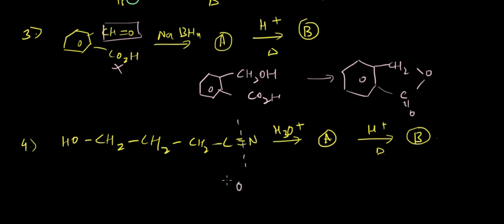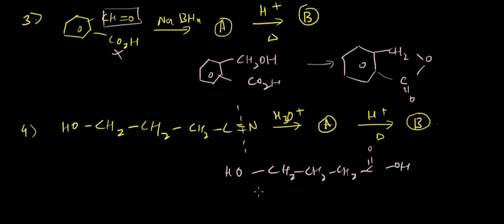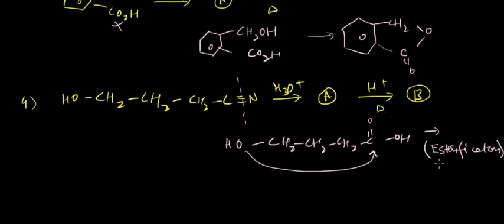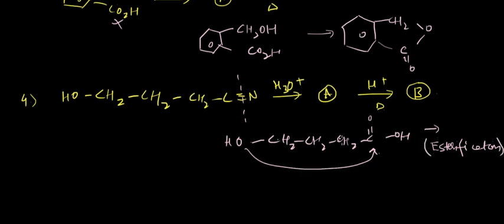A carboxylic acid. We have seen it. Then we are providing heat in acidic medium, so what will we be getting? Again, an ester, or esterification will take place, and we'll get a 1 2 3 4 5 member ring. This would be product A and this would be B.